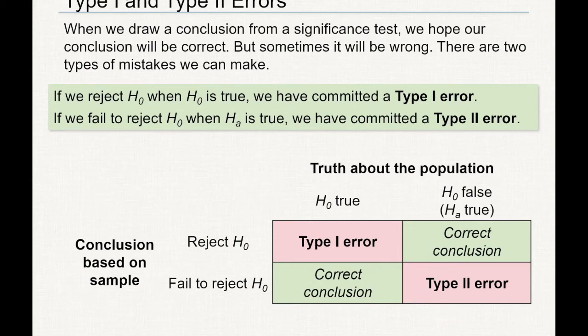We're talking about best guess ideas, and we have this observation and we say, well, hold on, this observation is so far away that we don't think that the null hypothesis is actually true. But what if we found out in a later study that we were just flat out wrong, and we rejected the null hypothesis, but we find out later on that the null hypothesis was actually true?